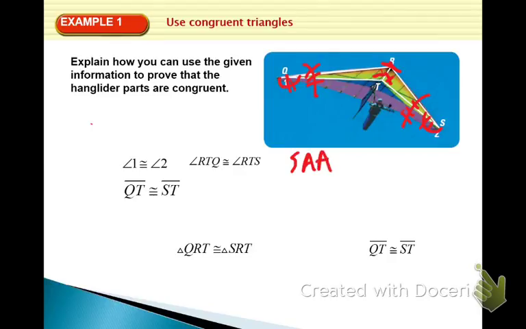And then now I can say QT is congruent to ST. We'll do it in a different color. We can say these two lines are congruent, and that's by corresponding parts, CPCTC. We didn't know they're congruent until we showed the triangles were congruent. Then as a result, we can say those two sides are congruent.